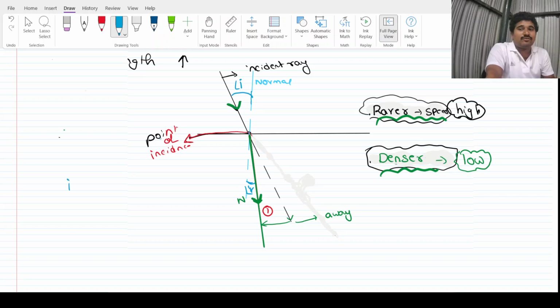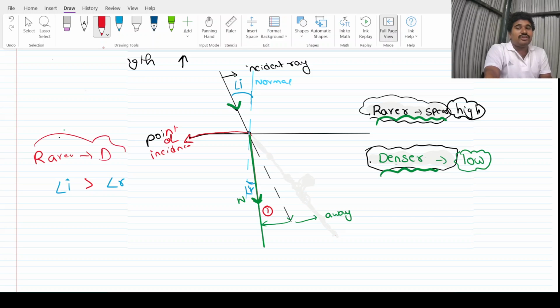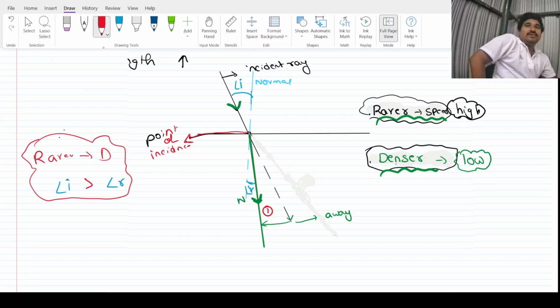Observe carefully, which is bigger, angle of incidence or angle of refraction? Angle of refraction is small, angle of incidence is big. So when going from rarer to denser, the angle of incidence is bigger than the angle of refraction.